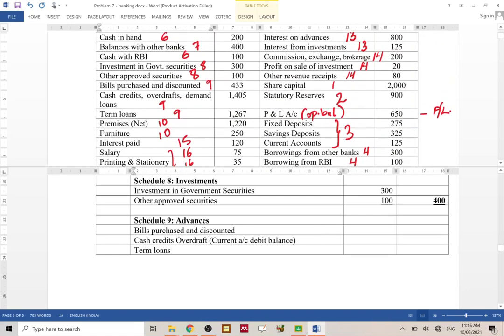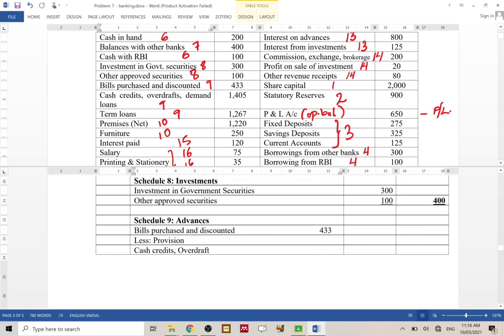So the safe thing to do here is write this in the inner column and leave some space for the advances later. So you have 433. We leave a little place here for provisions. Then the next one is cash credits, overdrafts. I'll edit this here.